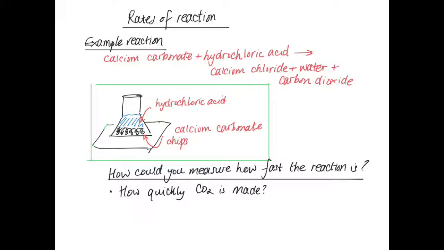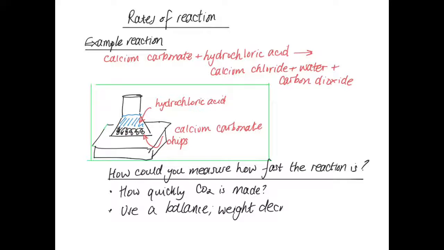The second way you can measure how quickly this reaction goes is if you use a balance. A balance is like the chemical weighing scales, and if you put the whole reaction on a scale and it weighs it, what you'll find is that the weight decreases.